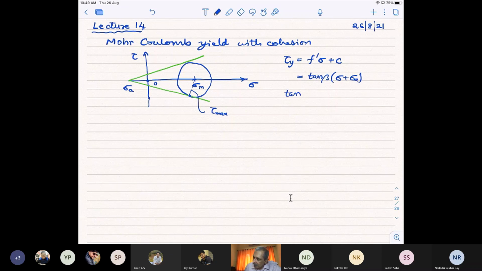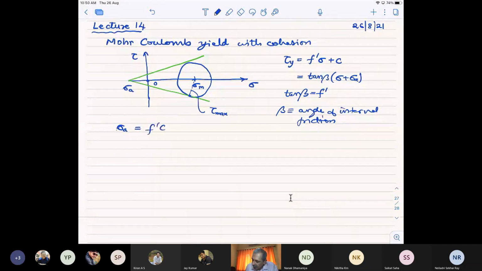Of course, we know that tan of beta is equal to f prime, and beta is called the angle of internal friction. And then from here we also see that sigma a can be just simply written as equal to f prime c, which is also equal to tan beta into c.